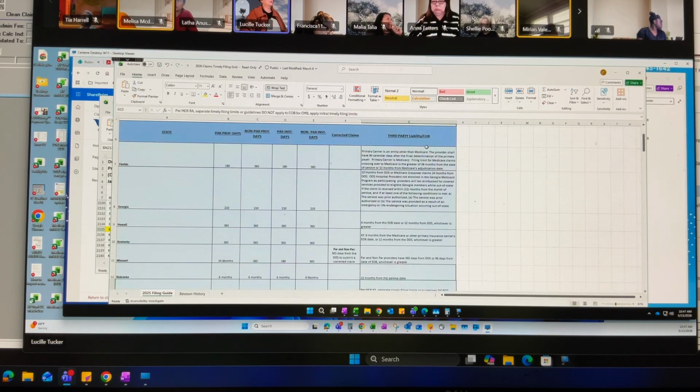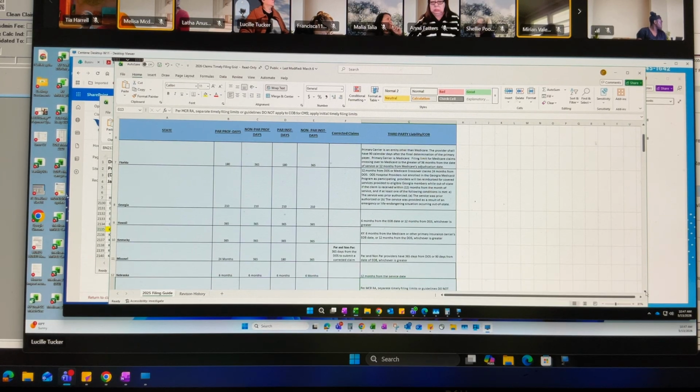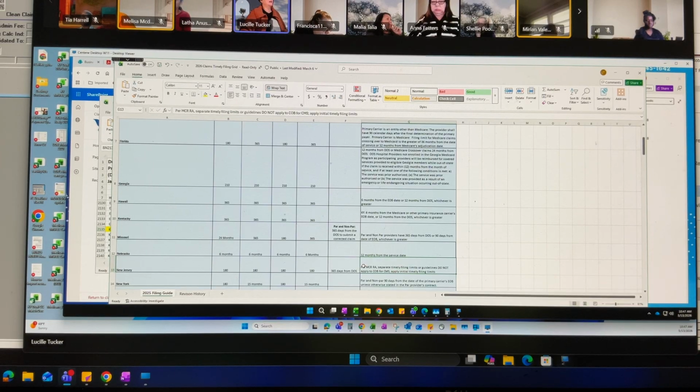Okay, so for third-party liability, New Jersey does not have any separate timely filing guidelines. So they follow the 180-day timely filing, whether the provider is par or non-par, regardless of the date of the EOB. Okay? So if this claim was in March of 2025, it would be denied for timely filing, even though the EOB shows that they just paid it.